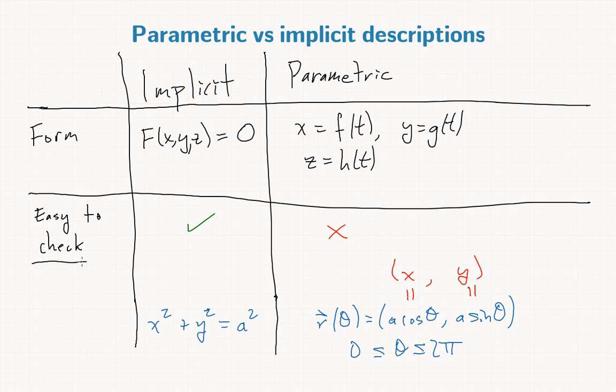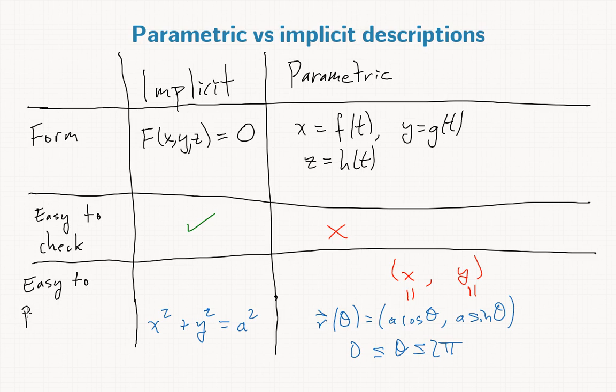On the other hand, with a parametric description, it's easy to produce examples of points. So an implicit description makes it easy to check if a given point P is in S, whereas a parametric description is explicitly telling us how to produce examples of points on here.